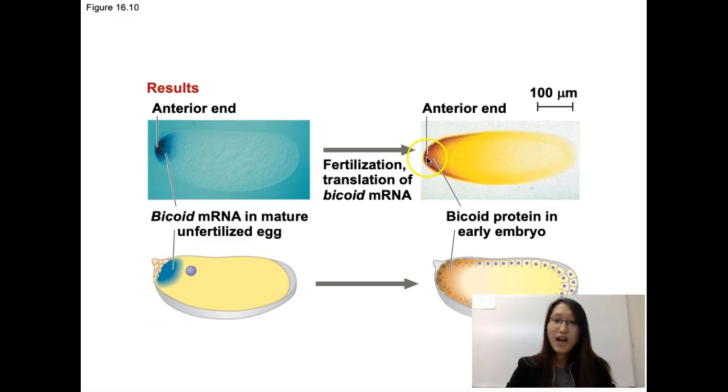As you can see, we have a higher concentration in the anterior end, and then a lower concentration of this bicoid protein in the posterior end and in the middle of the body, right? So at the beginning of life of this unfertilized egg, as well as early embryo, the uneven distribution of chemicals, whether it's mRNA or protein, is going to help determine the axis of the body.